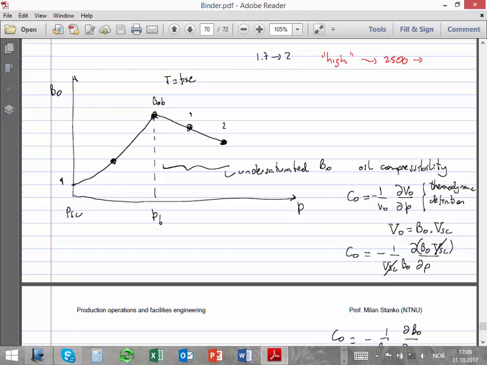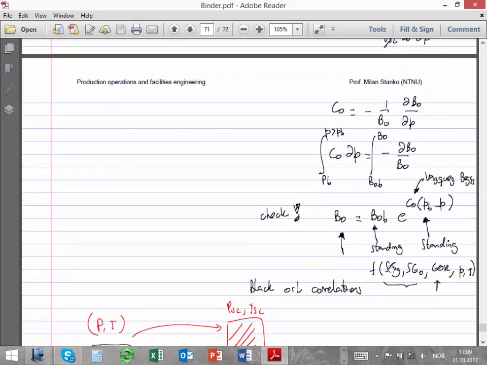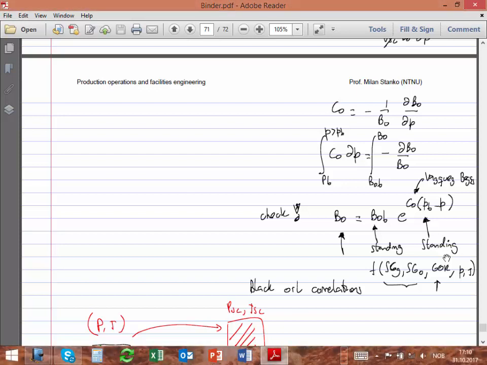All of these are expressions. And I told you this has been done, or is still done, for many areas in the world. Some people do it for the North Sea, some for Gulf of Mexico, some for onshore US, some for South America, Colombia, some for the Middle East, etc.